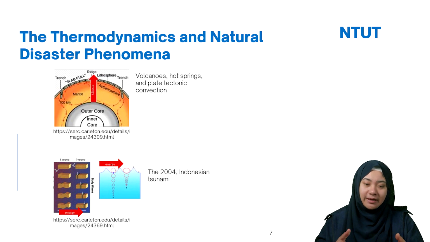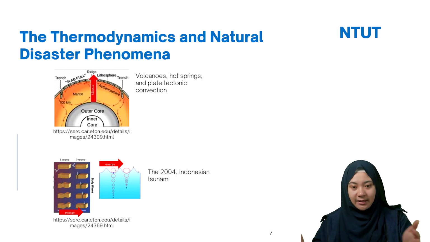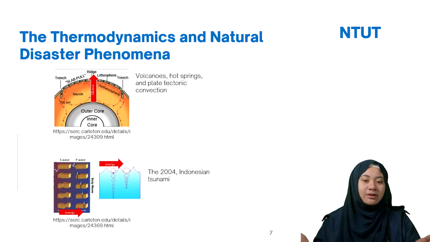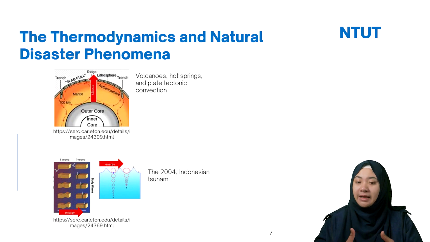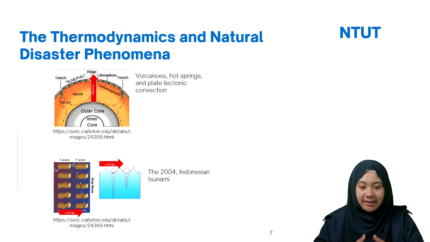Heat moves for the hot spring from the mountain, and then flows to, let's say, basins. So here you can enjoy your hot springs, and also you have plate tectonic convection. All of this is heat moving. This is why we say thermodynamics and natural disaster.